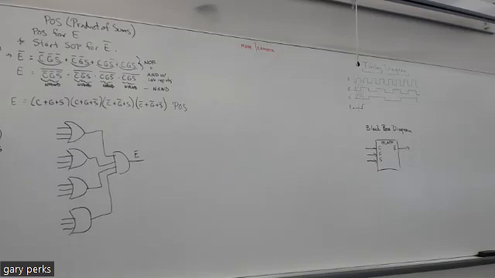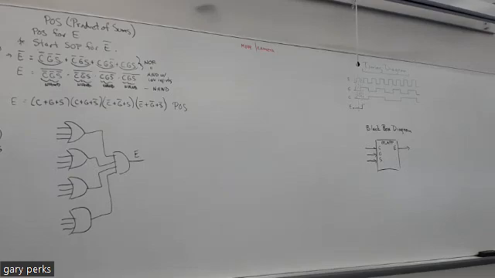Say you have 3 modules, you don't want to keep using ABC for inputs and F for output. You want to be more descriptive. Say one of your modules is named decoder. You'll see what a decoder is later this quarter. You might want to put DEC underscore A, if it had an A input, instead of just putting A.